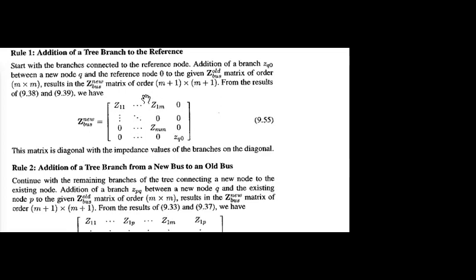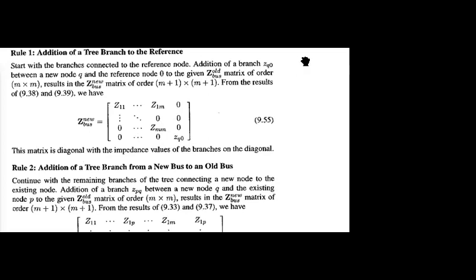It is the matrix element. By capital Z, it is the matrix element. Out of that matrix, it may be one of the element. But small z is only one value, or it is the impedance value between node Q and 0. Okay. Or node Q and reference or ground.